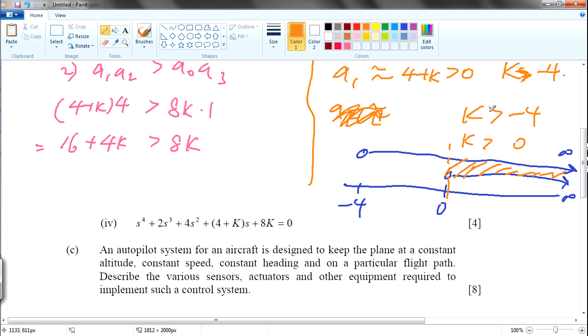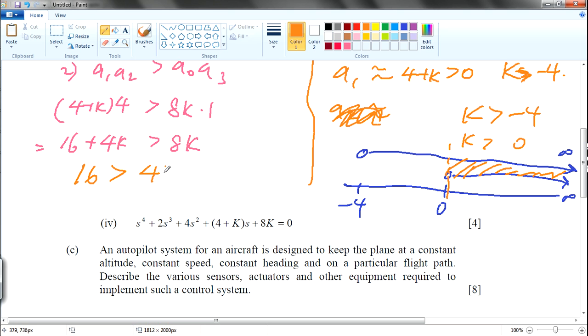So the next parameter that we're going to talk about is this one over here. You also have to set up the range. So what is the range? I actually forgot, I should have done this first. Anyway, if you bring 16 over here, what do you have?